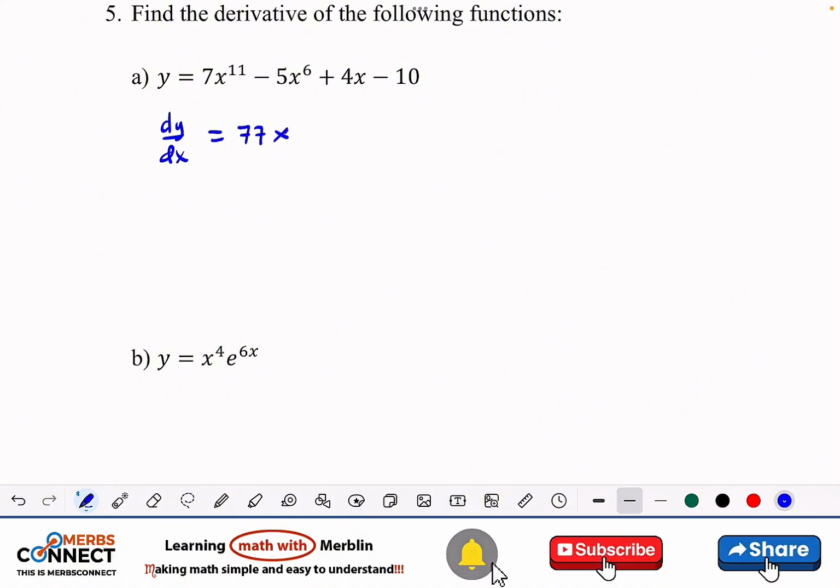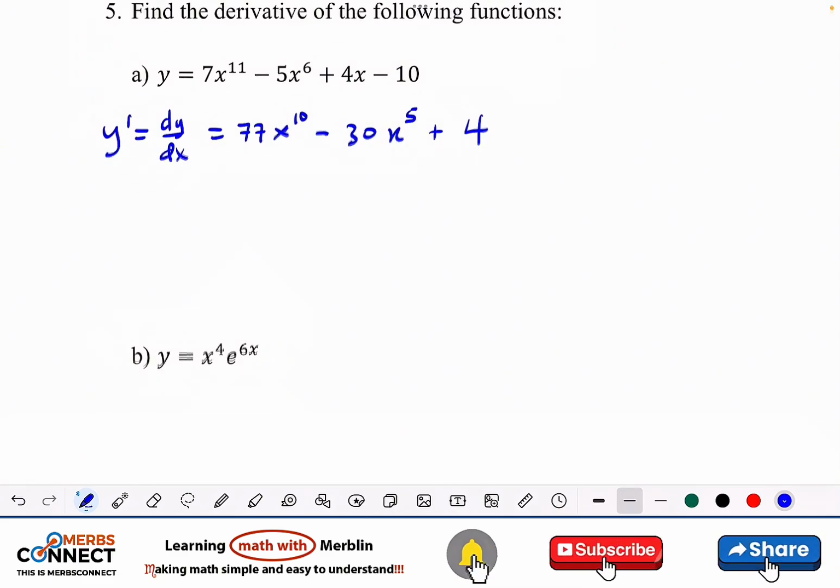Then subtract 1, so reduce to 10. 6 will multiply the 5, giving us 30. Reduce it by 1, and we get 5. Then when I differentiate x, I'm going to have 1, so I'll have plus 4. When I differentiate the constant, I'll get 0. So this is y prime or dy over dx. Any of them works.